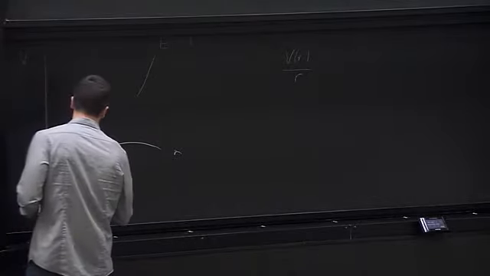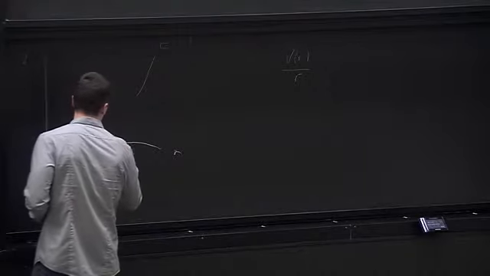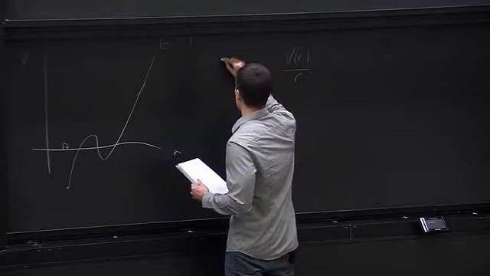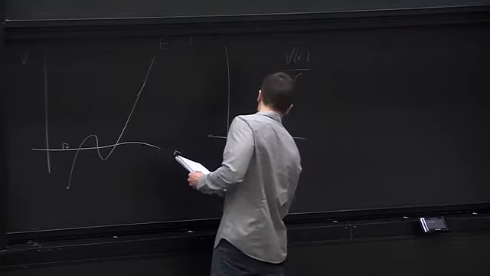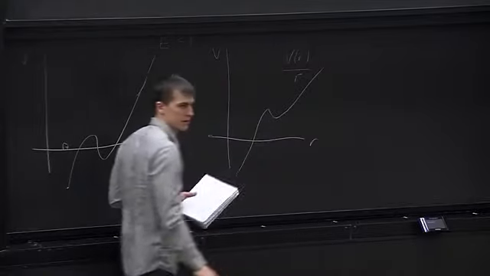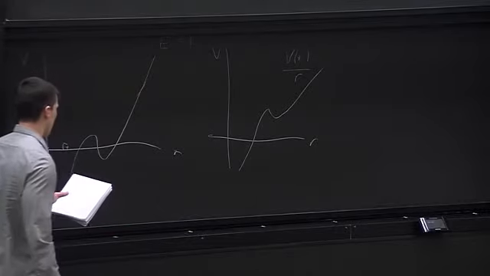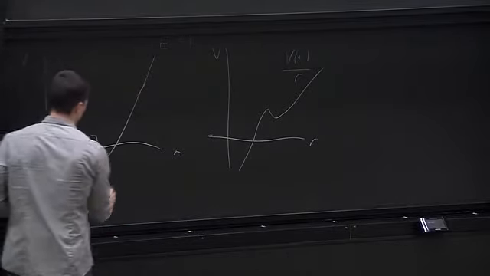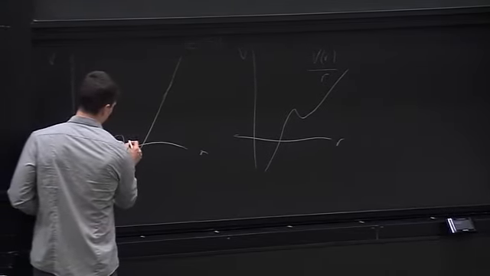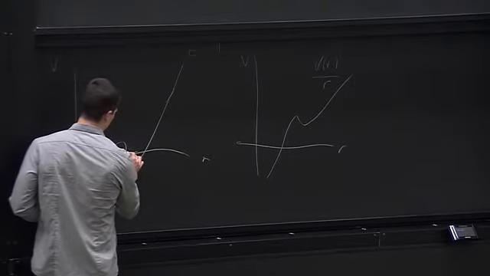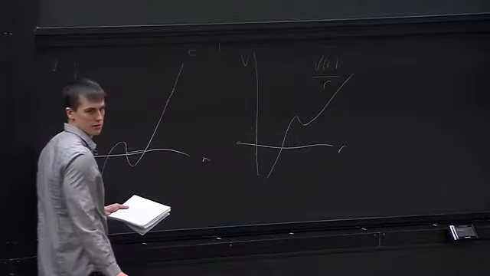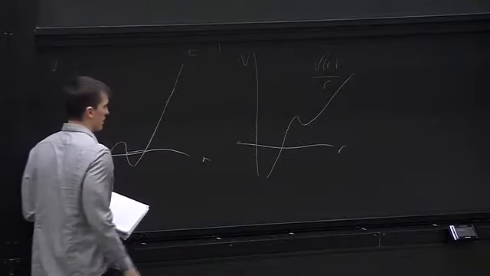So one possibility is it does something like this. But another possibility is that it does something like this, where it only has 1 root. So basically, in this case, if we start a particle here, with inward velocity, it'll move until it hits V equals 0, and it'll turn around and go back outwards until it hits V equals 0 again, and oscillate between these 2 points.